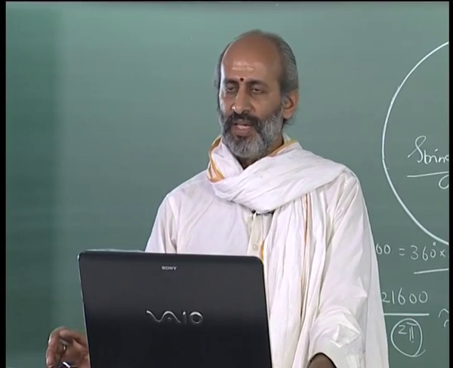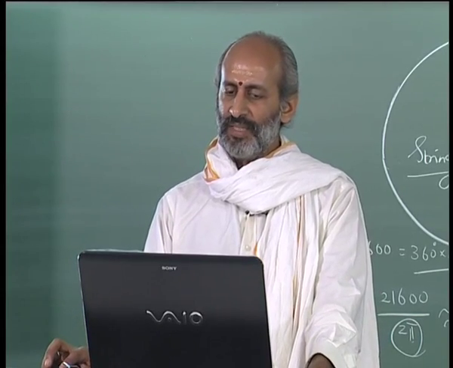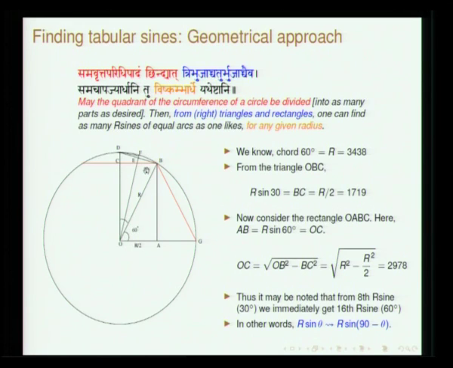Then if you look carefully, since this was stated to be radius, consider this triangle OBC. This is radius, and this angle is 30, and since radius is known, BC is known, so sin 30 degrees is also known.